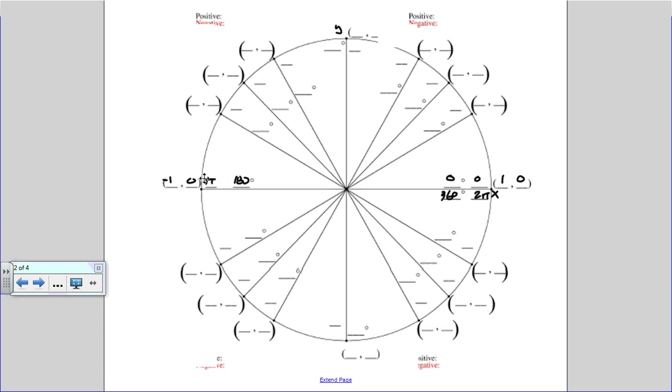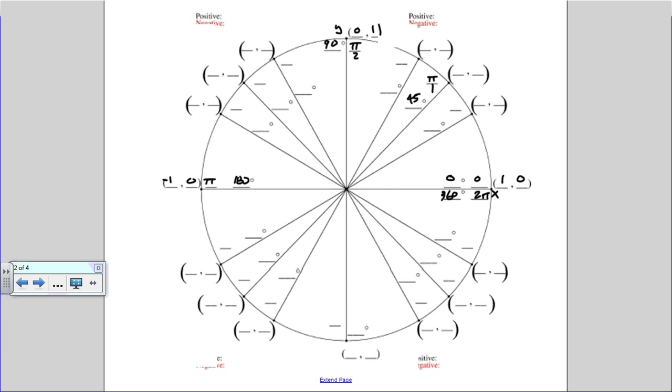If I divide this by 2 and come up here to 90 degrees, this is the point (0, 1). And if I take pi and divide that by 2, I get pi over 2 radians.